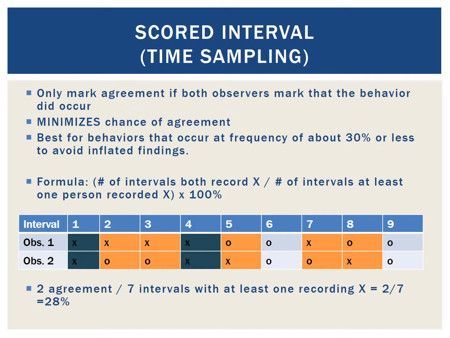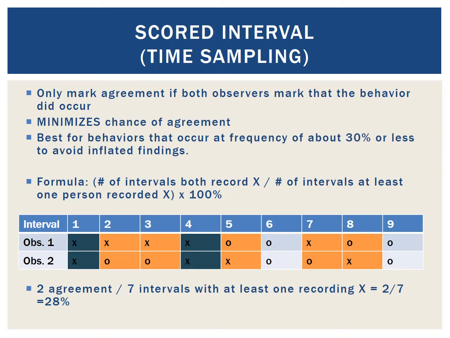So in this case, you're counting intervals 1, 2, 3, 4, 5, 7, and 8. You're not counting intervals 6 and 9 because no occurrence occurred. So you're basing your total number of intervals on intervals where at least one person recorded something happening. This is sometimes called occurrence agreement.